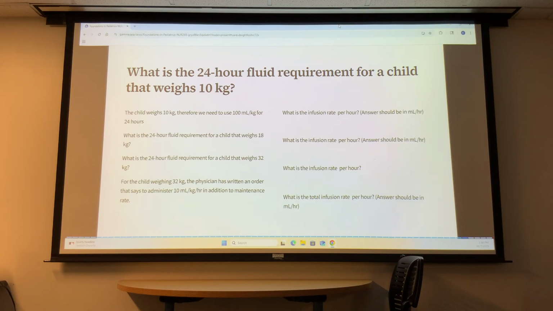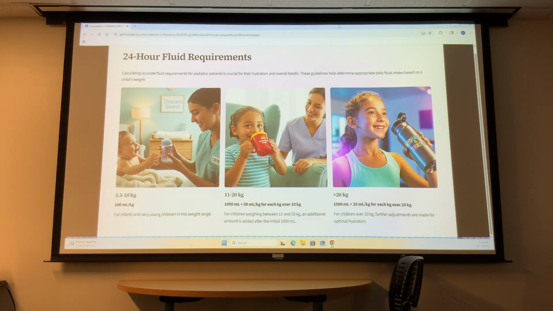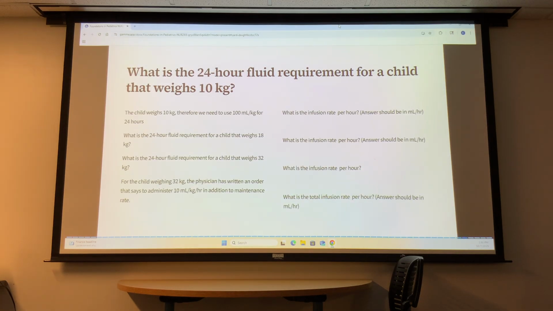So, then our next one is for a kiddo who weighs 32 kilos. So we know that they're greater than 20 kilos, so we're automatically knowing that they get 1,500. Okay? So we got 1,500 already, because we took 10 from here and 10 from here.